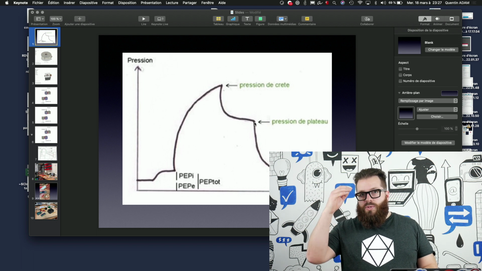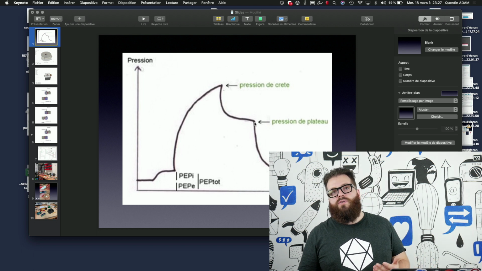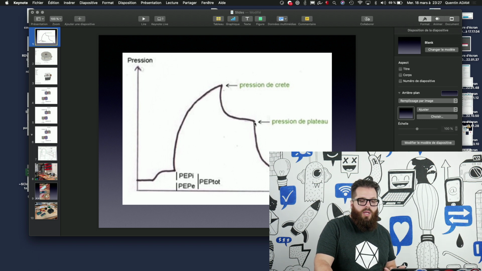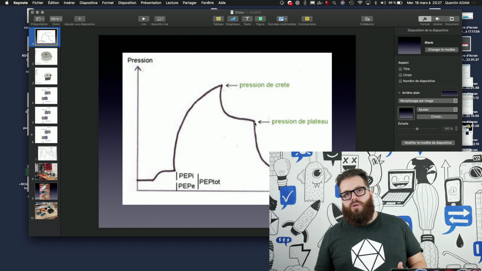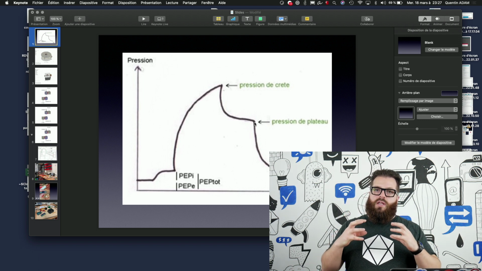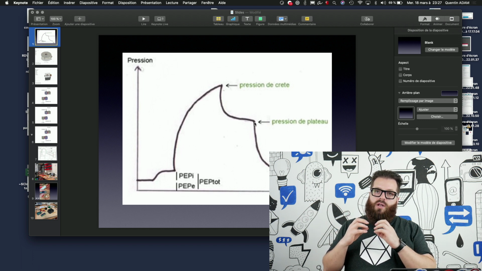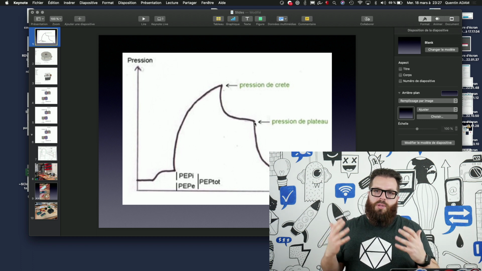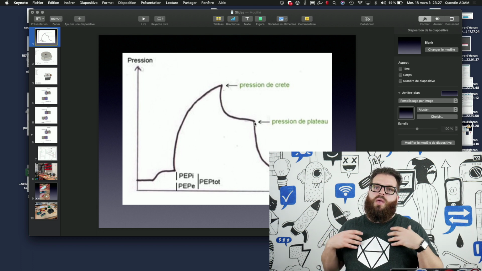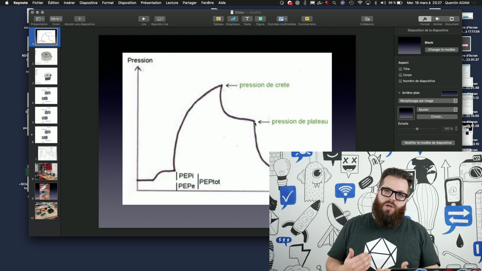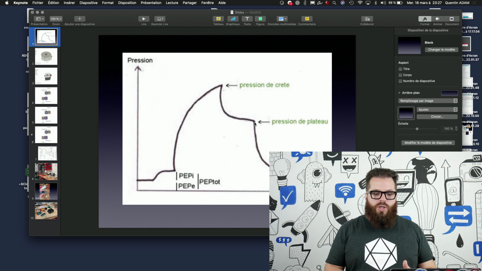Then the pressure drops. But in the case of COVID-19, you cannot have a negative pressure, because the lungs are infected and there is secretion and everything. You cannot deflate the lungs entirely because they will collapse and be sticky, so it will be complicated to reinflate them again. You would likely have to put a lot of pressure inside, and that's not what you want to do.